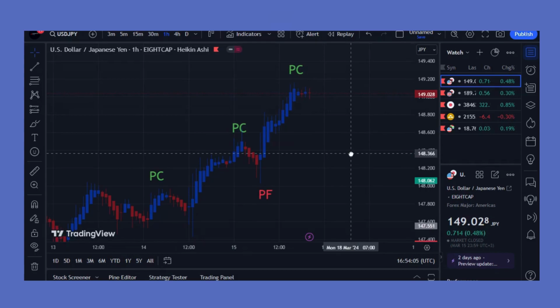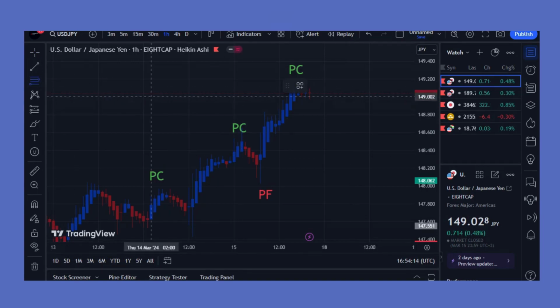All right. So the next thing, now we have price floor and price ceiling, we'll be identifying our important zones.